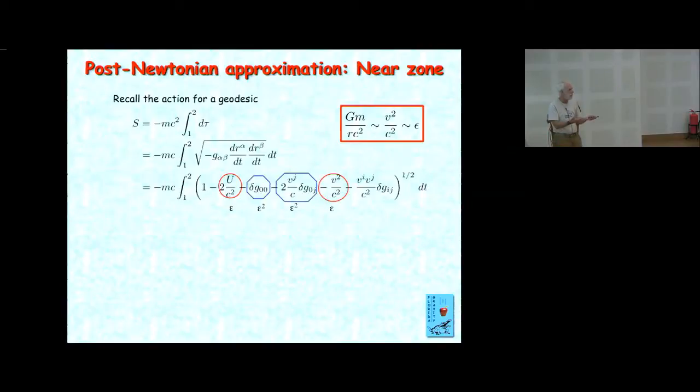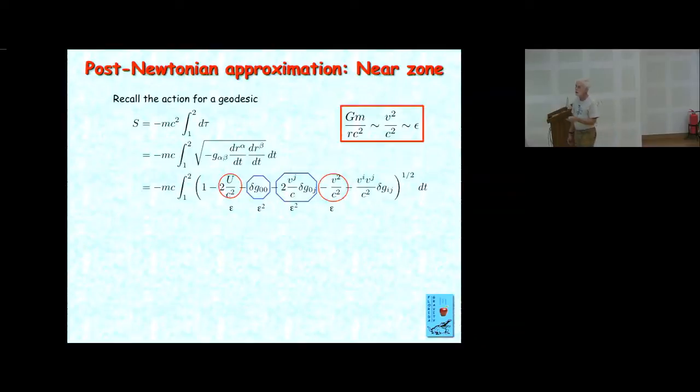It's a metric component, so it's got to have m over r in there somewhere. It's got to be like a potential. And it has an index, so there's got to be a v inside there. And that's epsilon to the 3/2. So it tells us we need to know G0j to order epsilon to the 3/2, so that when you multiply by v, you get a post-Newtonian correction.